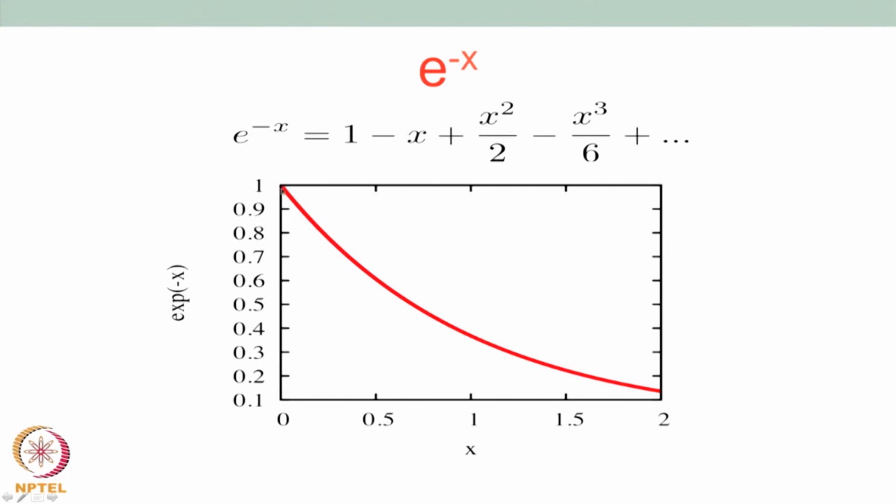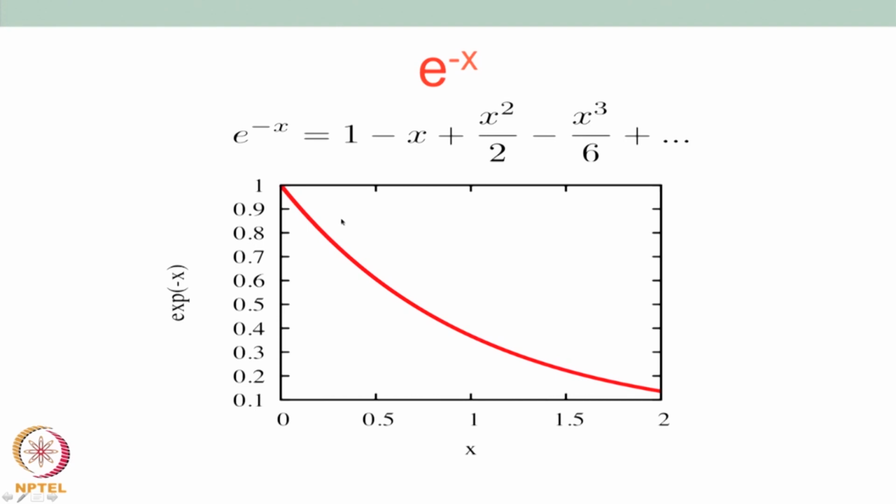So it starts with 1. When x is 0, the y value is 1. And then when you put some positive x value, it will decrease. So this is a decreasing function. As x increases, y will decrease. You can see that when x is 0, y is 1. When x became 2, the y already became 0.2 or close to 0.1. So it has decreased a lot when x increases up to 2. So this is a decreasing function.